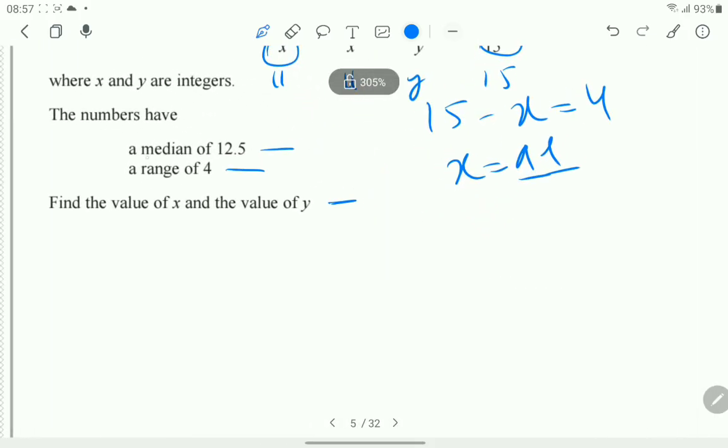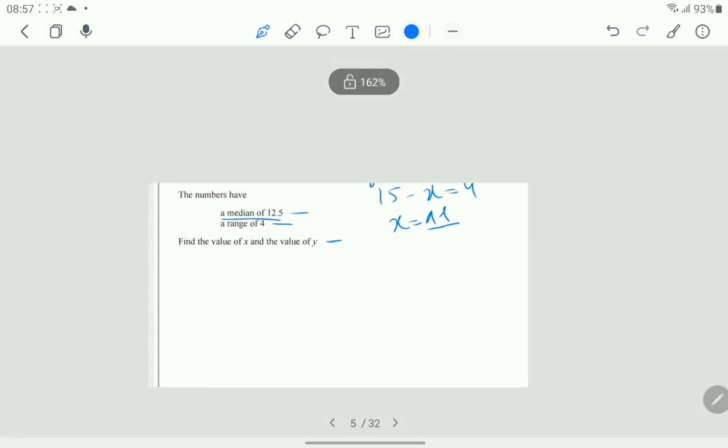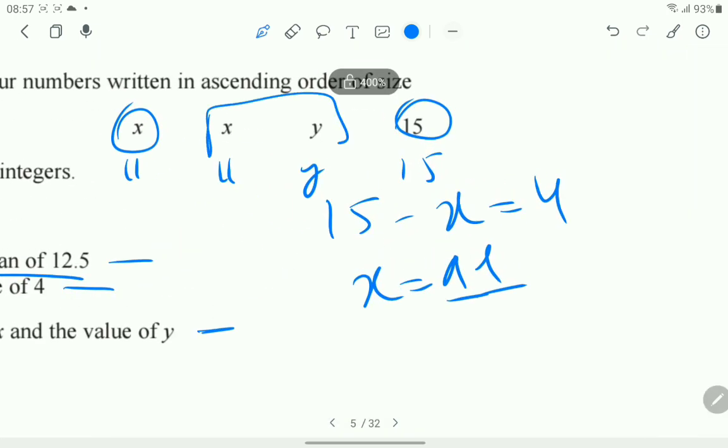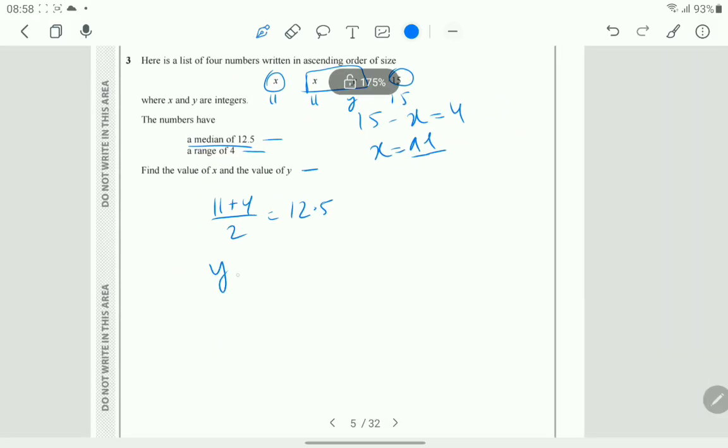Now it wants us to find the median. The median is the middle value, and since we have four values, these two numbers are the median. The midpoint of these would be our median. So (11 plus y) over 2 is equal to 12.5, and like that we can find the value of y. 12.5 times 2 is 25, then we subtract 11.